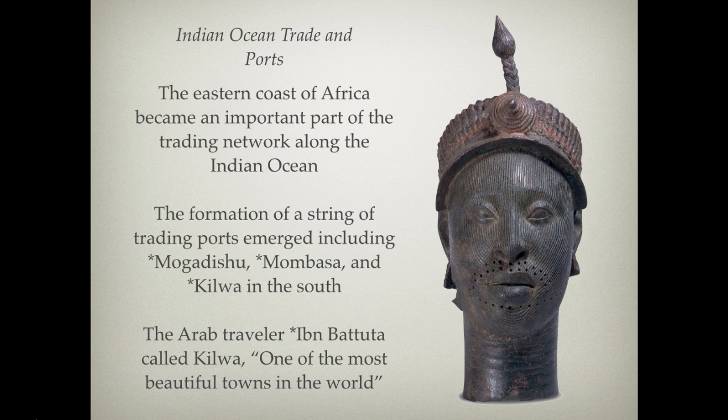And of course, the East Coast becomes a hotbed for trade with the Indian Ocean. So that eastern coast of Africa became really an important part of the trade network along the Indian Ocean in general. You see the formation of a string of incredibly important trading posts and cities that really emerged under some major places: Mogadishu, Mombasa, Kilwa, all of these incredible centers for trade.